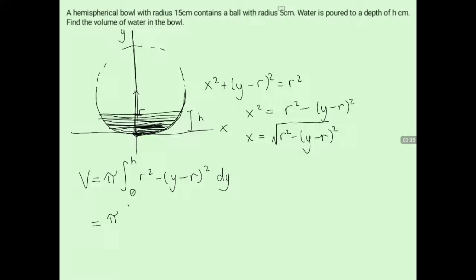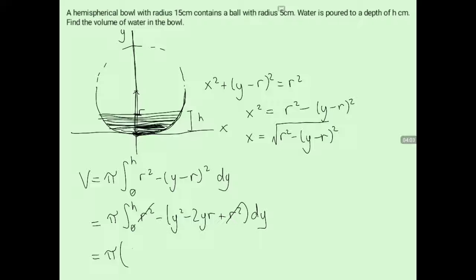So we can simplify what's inside. This is going to be r squared minus y squared minus 2yr plus r squared. Now we can cancel out these two r squareds. And when we do that, we can take the antiderivative relatively easily.